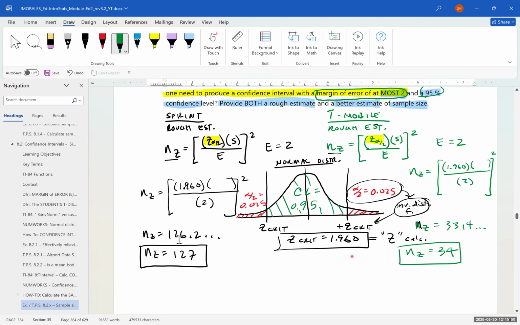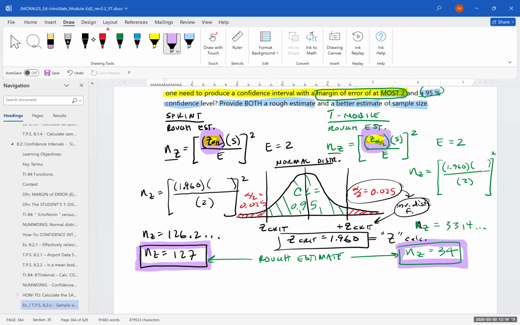So this represents our rough estimate right here. All right, now remember the whole point of using a Z alpha/2 score is that we didn't have a sample size to begin with. Well, technically now we have a sample size we can work from.